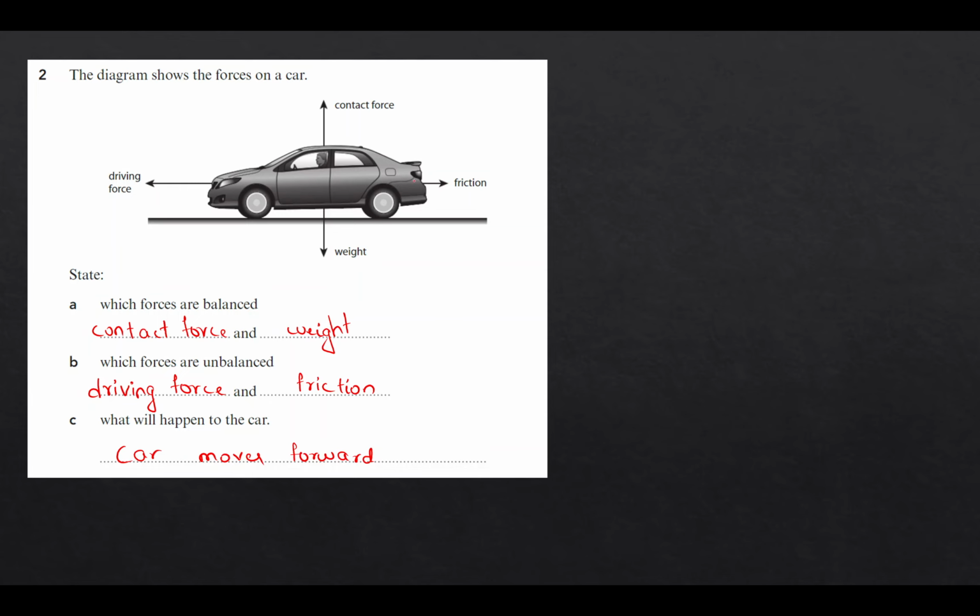You will keep moving at the rate of 60 km per hour. Your speed will not change if the driving force and frictional force are balanced. But if your driving force is larger than frictional force, then your speed will increase. Your car will go to 60, then 70, then 80 and so on. But if frictional force is larger than driving force, then your car will start to slow down. You'll eventually come to 50 km per hour, 40 km per hour, and so on.